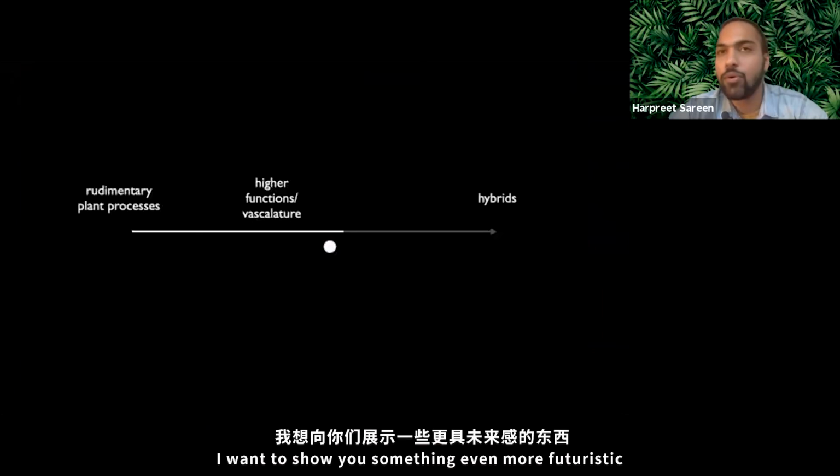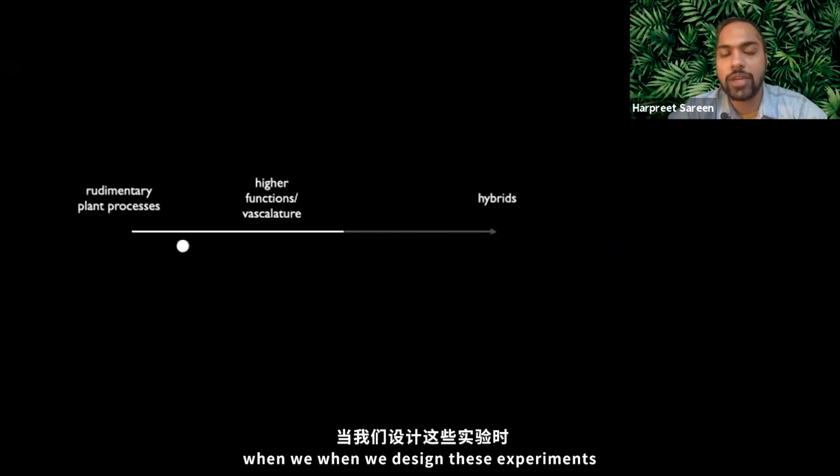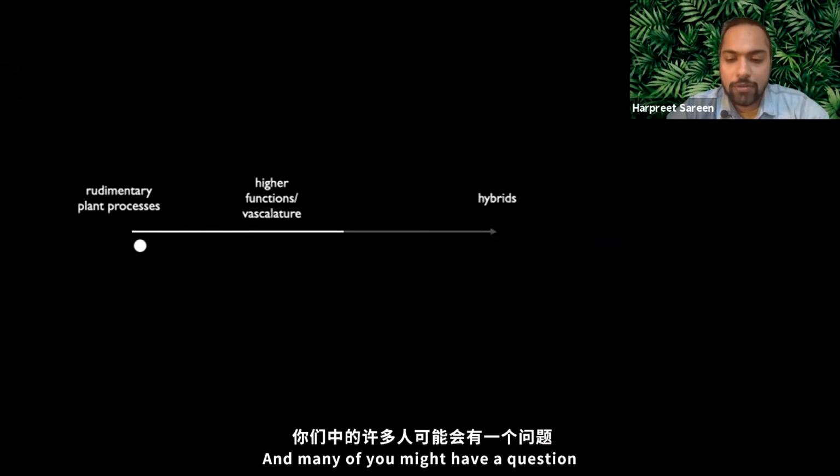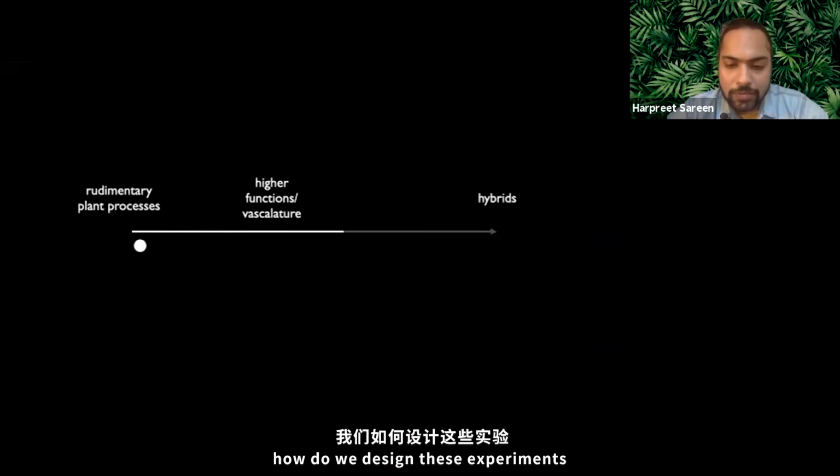But right now, let's shift the gears a little bit. I want to show you something even more futuristic. When we design these experiments, many of you might have a question, how do we design these experiments?